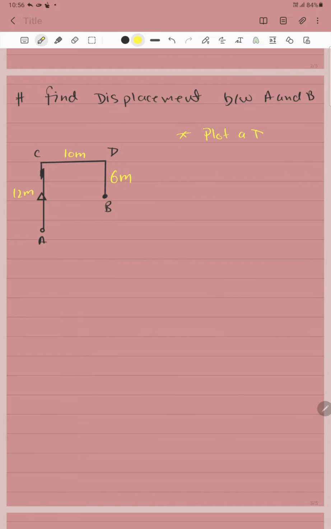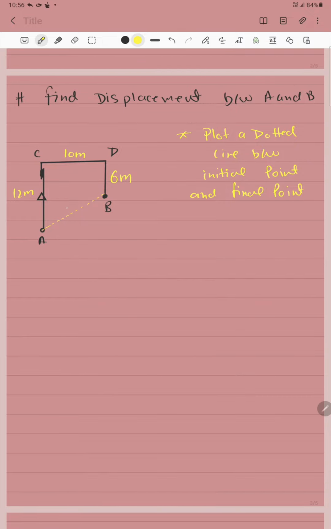Plot a dotted line between the initial point and final point. Okay, always plot a dotted line between the initial point and final point, just like I am making, right? Connect the initial and final point like this. Okay, then see the possibilities.